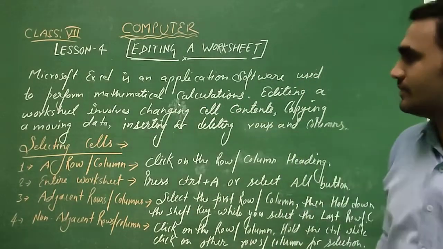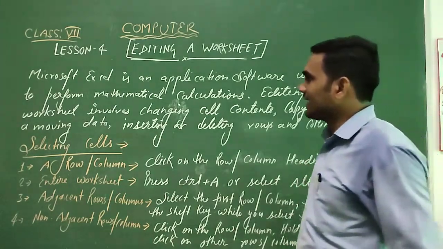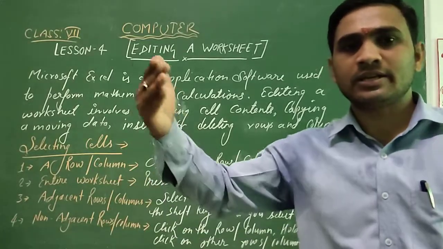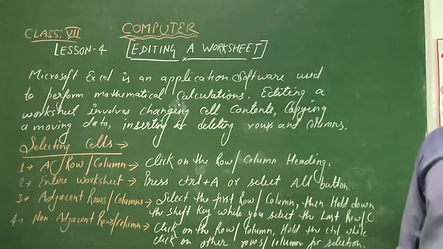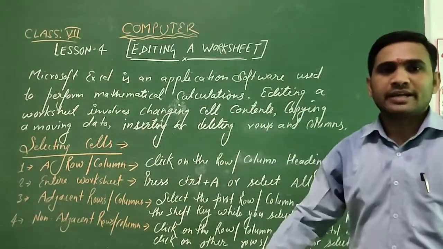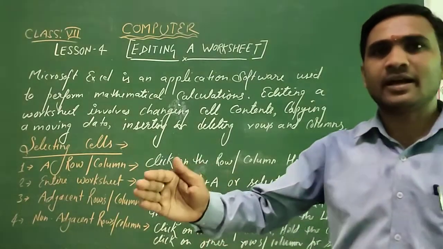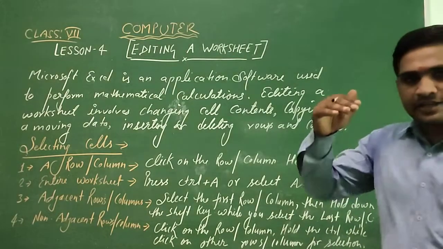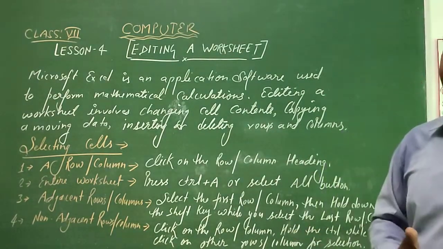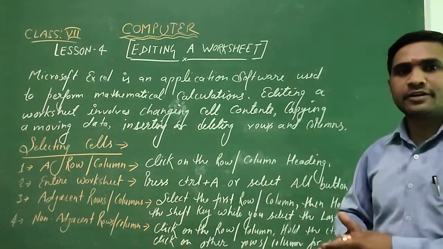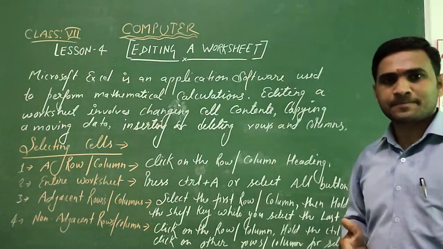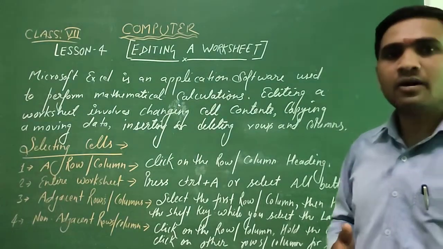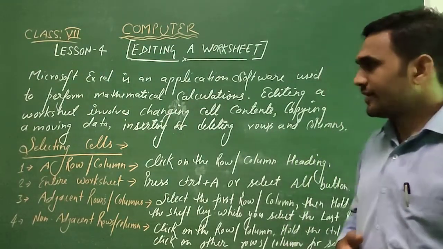Again I'm repeating: changing the cell contents, we can change the data, right? Copying data, moving data, insert rows, insert columns, delete rows and delete columns, and so on, and more operations we perform in a worksheet, right?